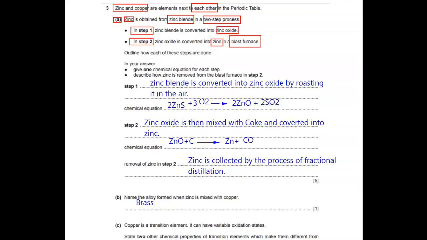In your answer, give one chemical reaction for each step, and also describe how zinc is removed from the blast furnace in step two. So they've asked you a number of things here. We will take a look at it step by step.